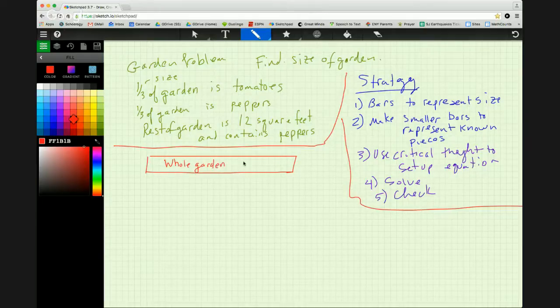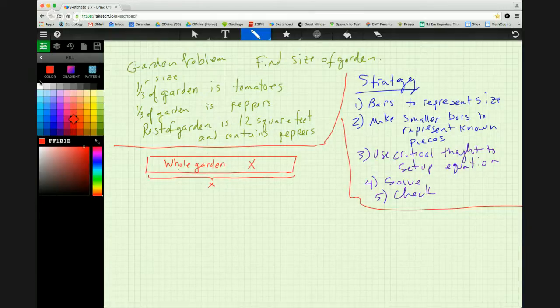And we're going to call it X. We're going to call this whole bar from here to here X. X is the whole size of this garden.